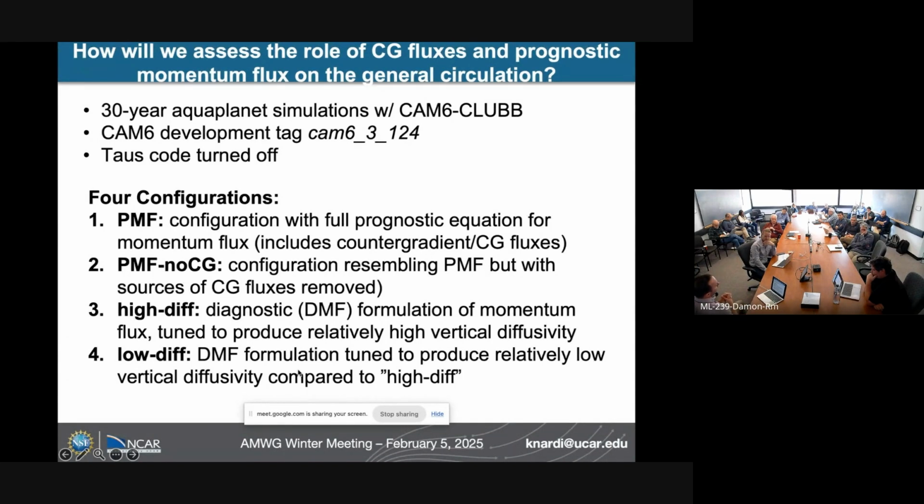lower vertical diffusivity. So these 4 configurations allow us to have several different ways that we can affect diffusivity in the boundary layer in CLUBB. The first 2 do so through prognostic momentum flux, and the other 2 through the old diagnostic momentum flux formulation.